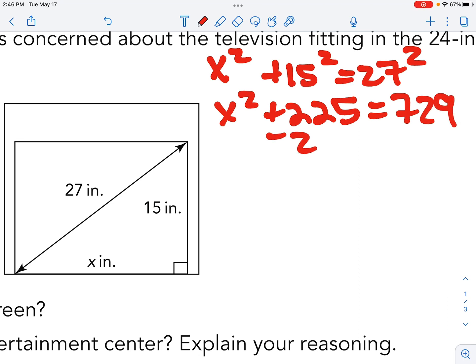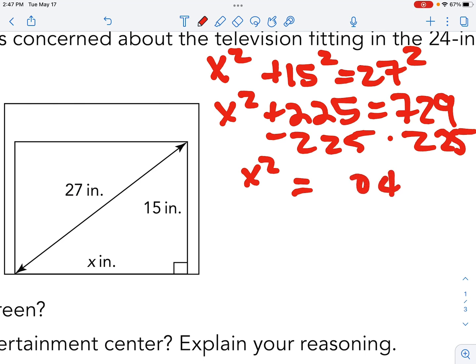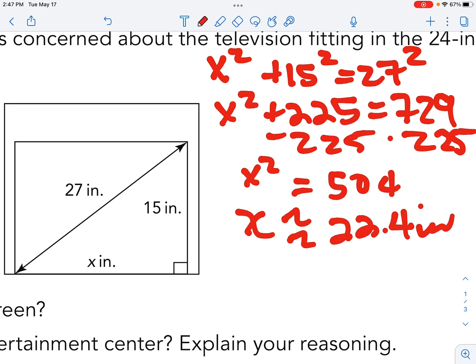Okay, subtract 225 from both sides. And I get x squared equals 504, and so x is approximately 22.4 inches. Okay.